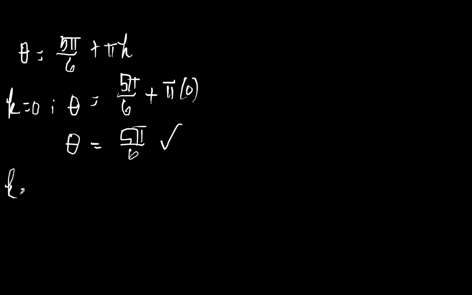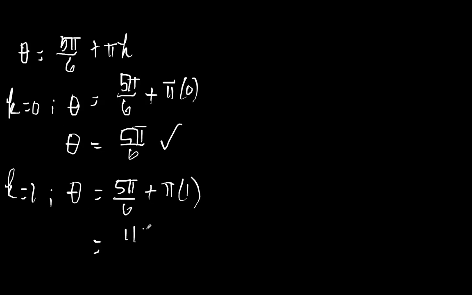All right. So k is equal to 1. Theta is equal to 5 pi over 6 plus pi times 1. This becomes 11 pi over 6. And again, this also satisfies the given condition that theta should be less than 2 pi, but greater than or equal to 0.